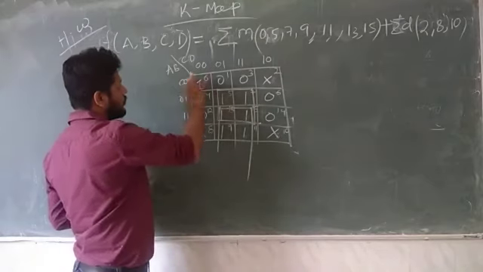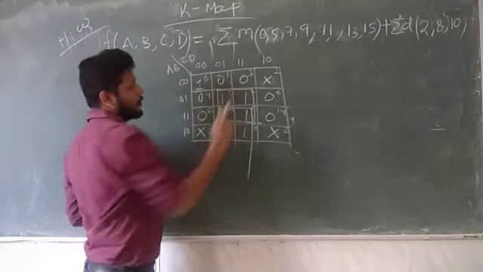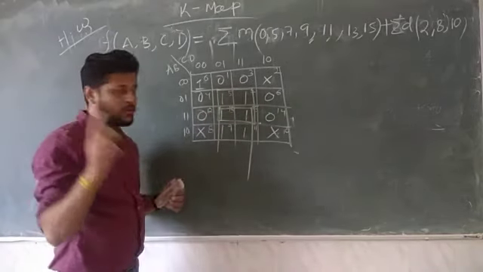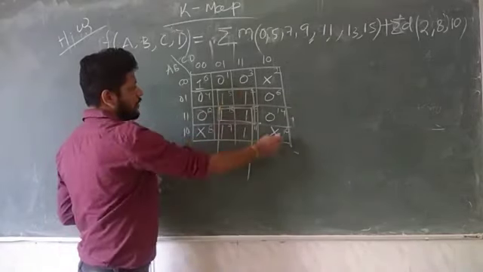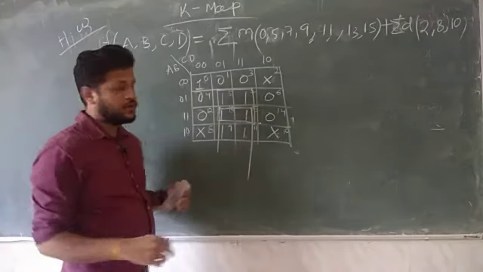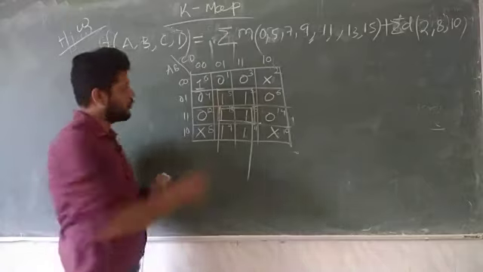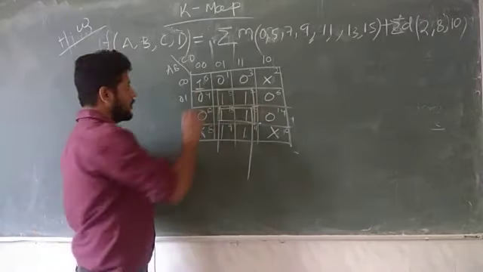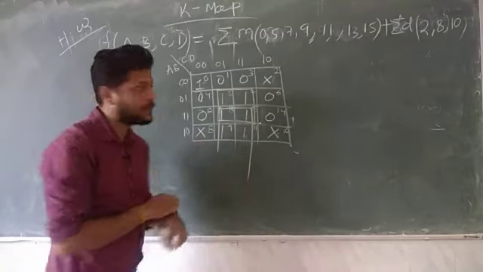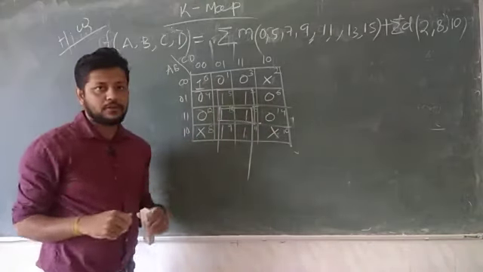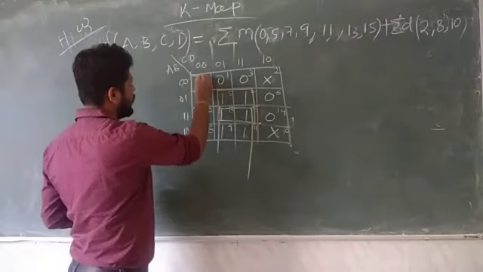Here 0, 0, 0, 0 and 0, 0, 1, 0 differ by only 1 bit. 1, 0, 1, 0 also differ by only 1 bit, and here 1, 0, 0, 0. So all these 4 corner cells are also adjacent. Remember this in the 16-cell K map, these 4 corners are adjacent. They will certainly ask you a question like this, so you can combine like this.